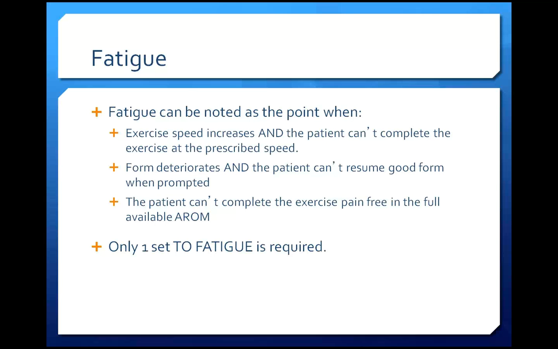If their speed increases, like those people at the gym on the machines going faster and faster, they're not doing themselves any good. Slow, controlled: 1 to 1.5 seconds out, 1 to 1.5 seconds back. Keep that controlled movement. If they start to speed up, they're getting fatigued. That's the stoppage point. Or if form deteriorates.